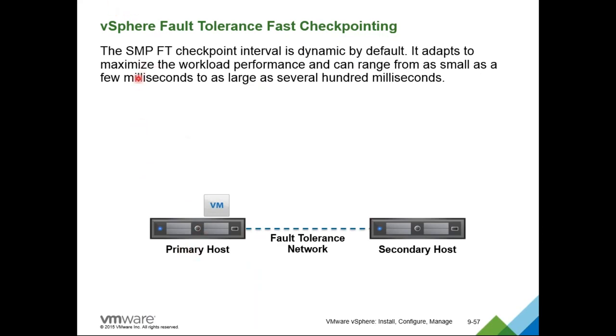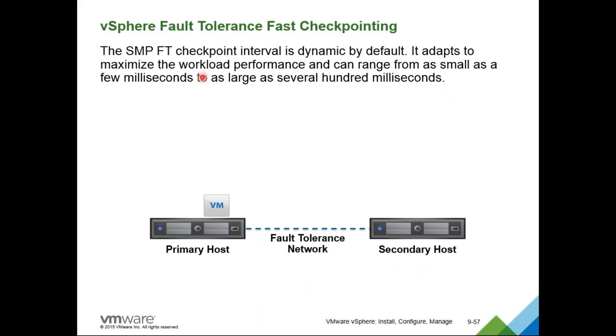It indicates the processor or virtual CPU of your virtual machine. So your fast checkpoint interval or replication is dynamic by default. If you want, you can customize this replication between the FT-enabled primary and secondary virtual machine groups.